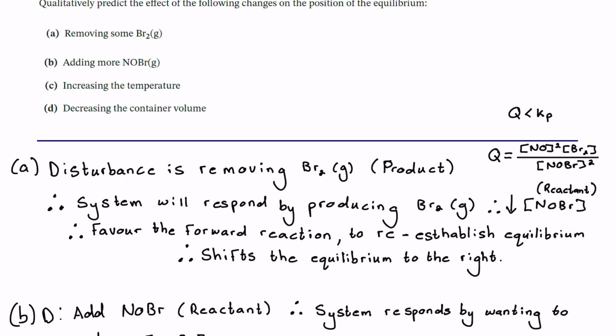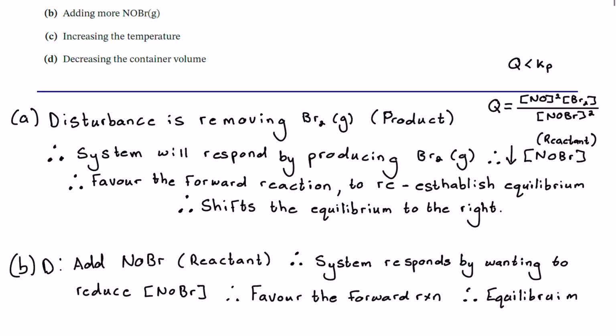And how does it then reduce the concentration of NOBr? It means the forward reaction must be favored again, right? We must favor the forward reaction. And if the forward reaction is favored, that means the equilibrium shifts to the right.